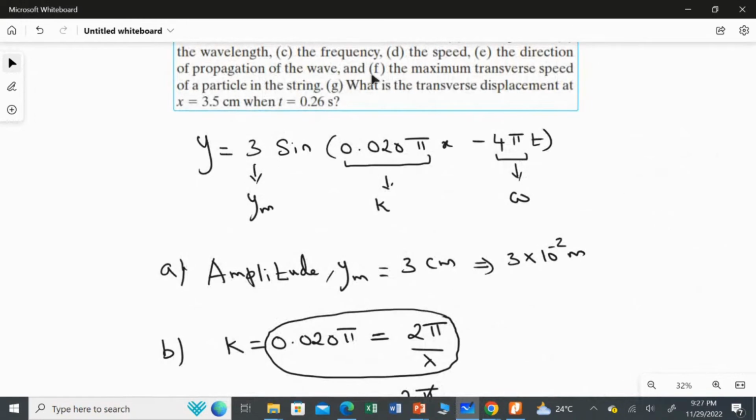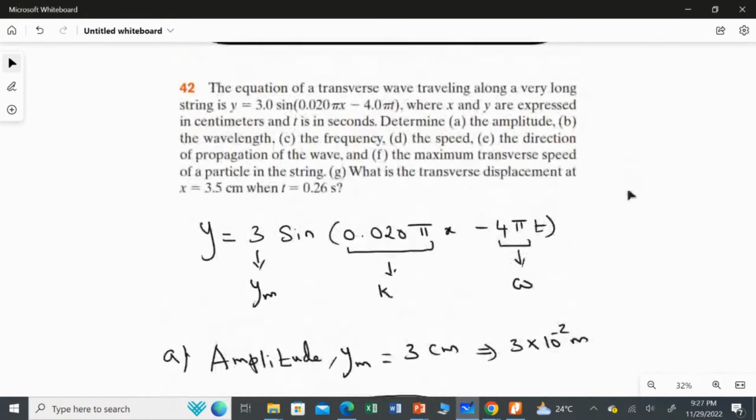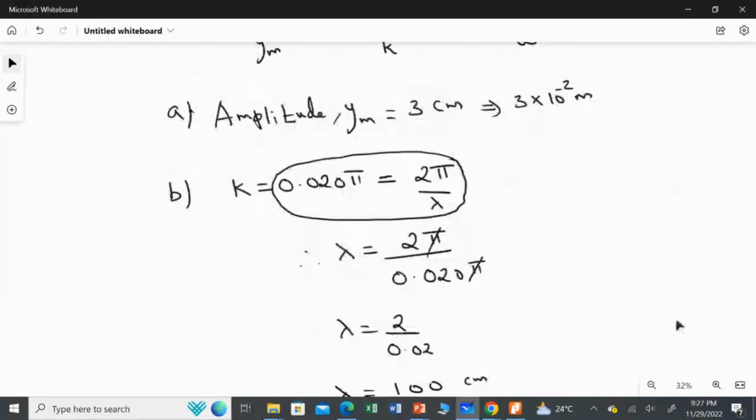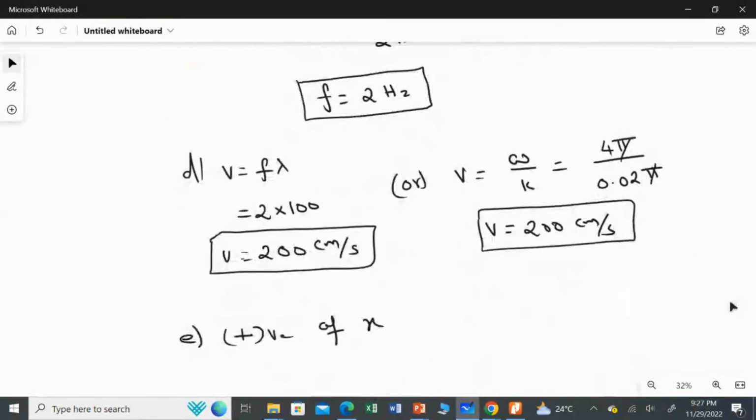Calculate the maximum transverse speed of a particle in the string. So how to find it? We already studied chapter 15, oscillation, and in that we studied the formula for the maximum transverse speed. So I can write the formula directly.